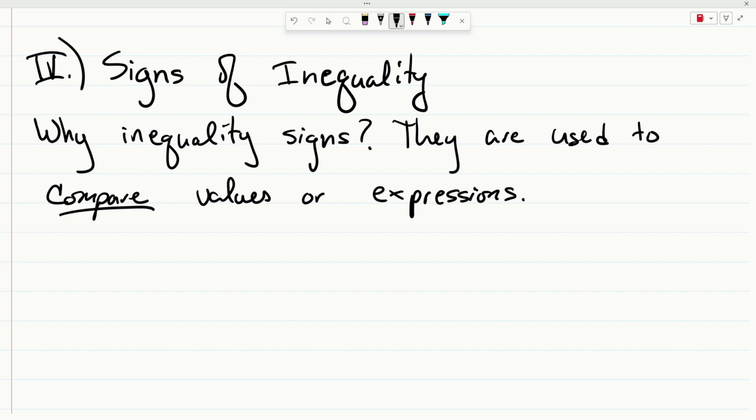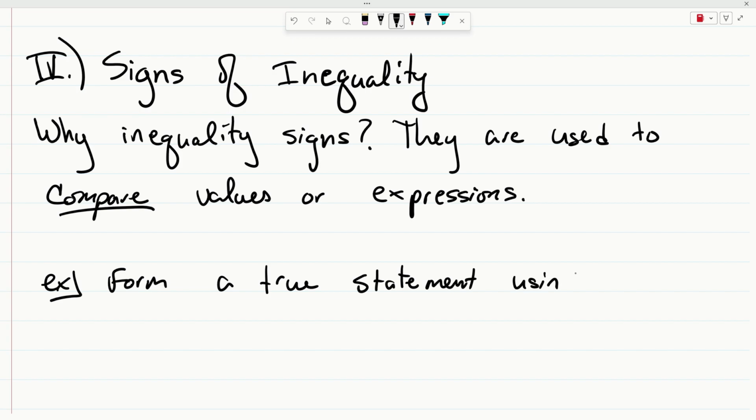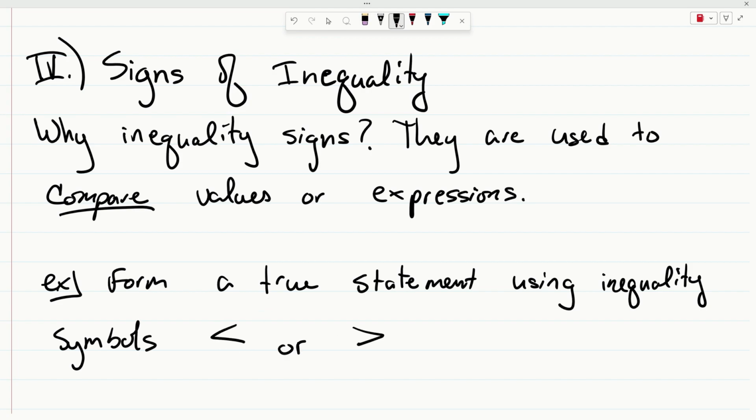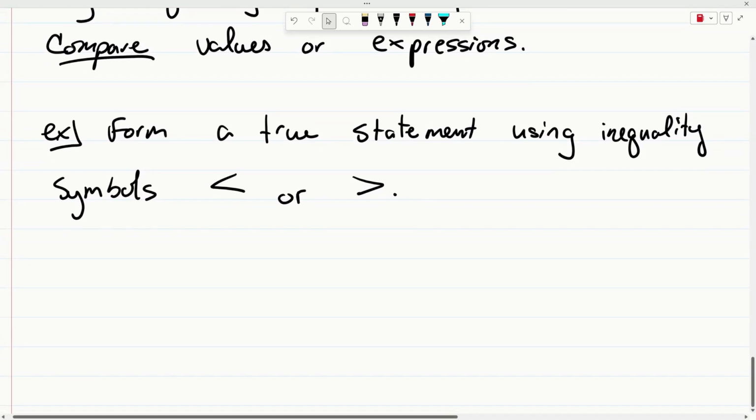For example, form a true statement using inequality symbols less than, less than or greater than.